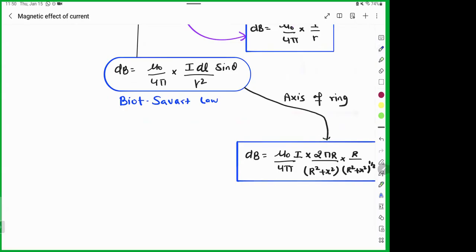If you have a ring like this, you have radius r like this. If you want to calculate at x distance from here, at this point P, this will be theta, and this value will be the whole under root of r square plus x square.